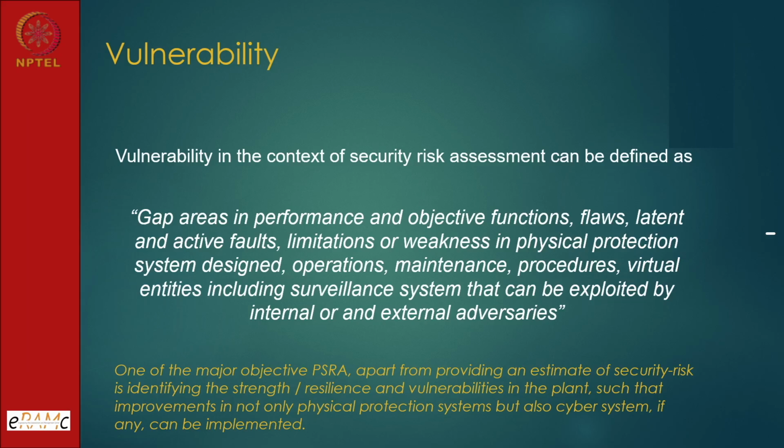Any gap area on the lower side introduces vulnerability, and these elements include flaws, latent and active faults, limitations or weaknesses in the physical protection system design, operation, maintenance, procedures, virtual entities, and including the surveillance system that can be exploited by internal and or external adversaries.